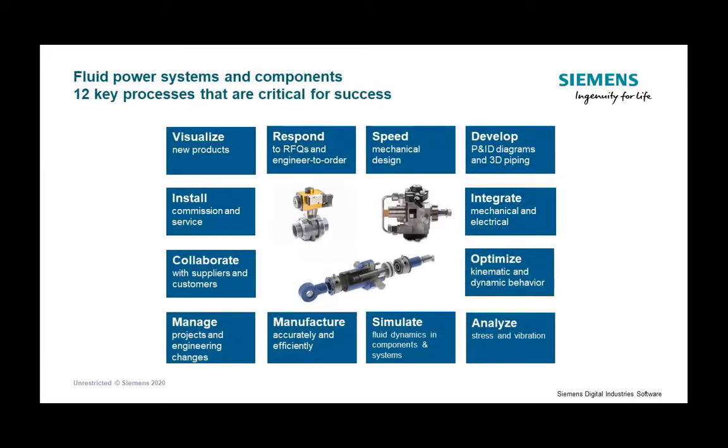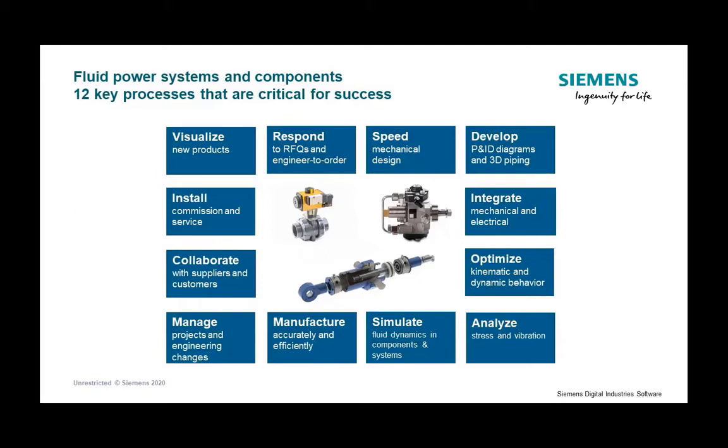Diving a bit deeper into the needs of manufacturers of fluid power systems and components, we have identified 12 key product development processes that are critical for success. All of these are supported by and improved by creating a digital twin of the product.